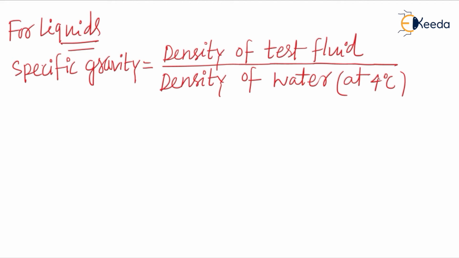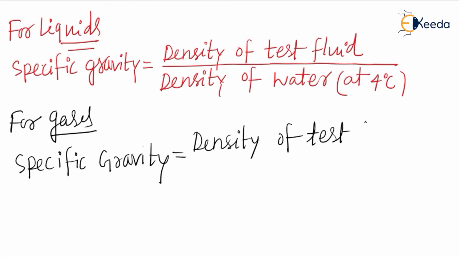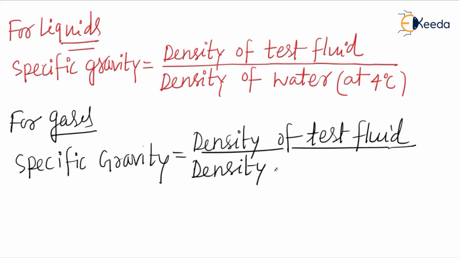At 4 degree centigrade, we need to consider the density of water for liquids. But what about gases? For gases, specific gravity will be equal to, again, the density of the test fluid to the density of air.